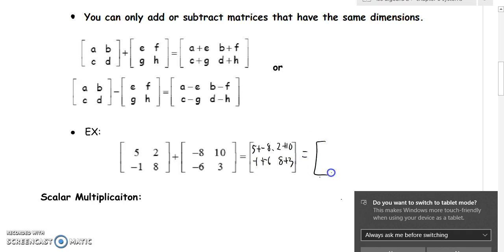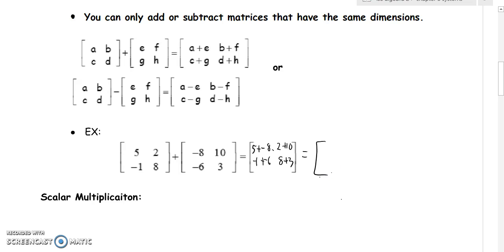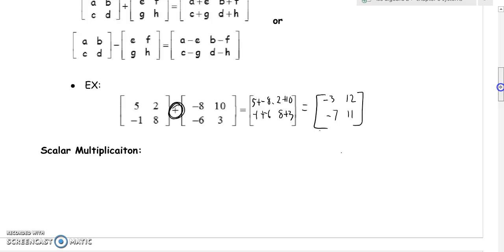So our finished matrix over here is -3, 12, -7, 11. You just add the parts that are in the same spots. If right here it's a minus, you subtract instead of adding.